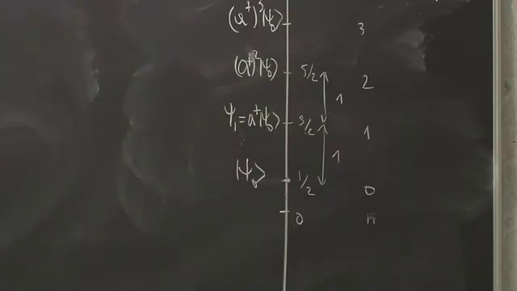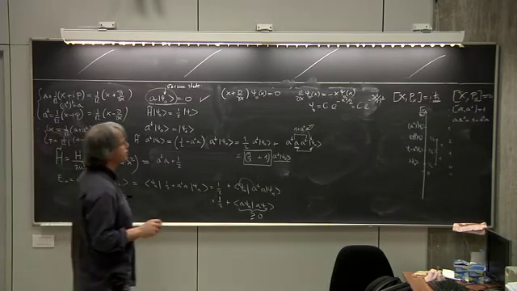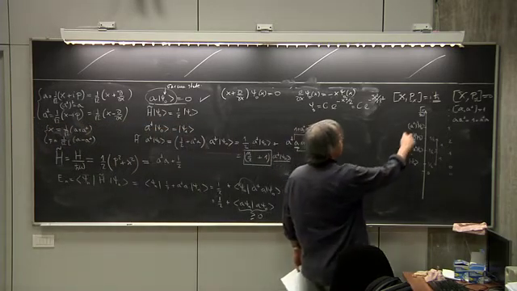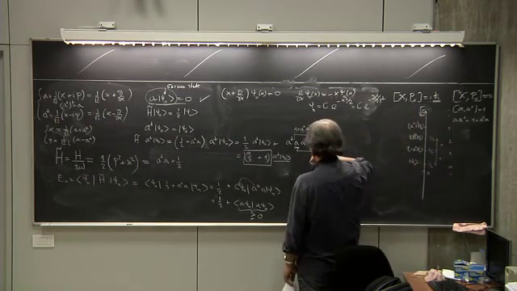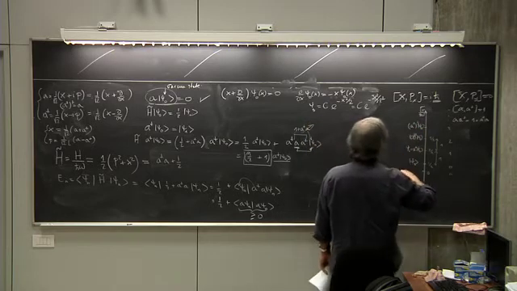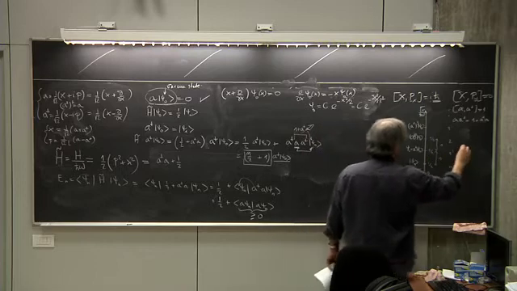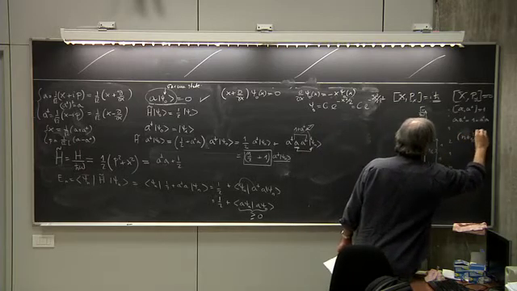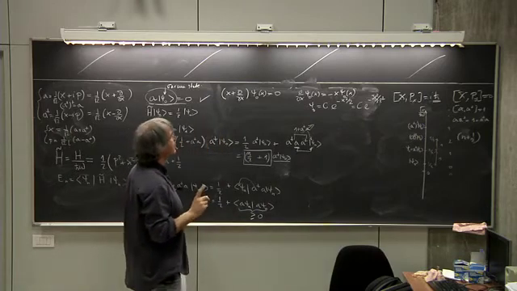And if you do the calculation, and I have given you a number of exercises in the lecture notes, which are guiding you towards proving that these are all eigenstates with an increasing number of excitations, for a general n, you have that the energy is n plus 1/2 in units of h bar omega.